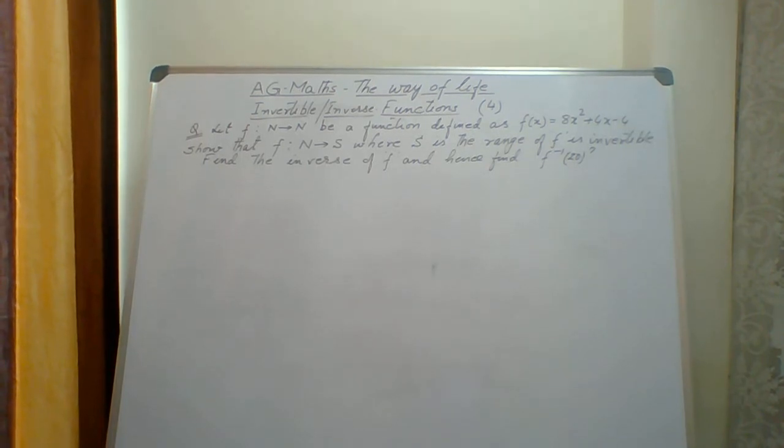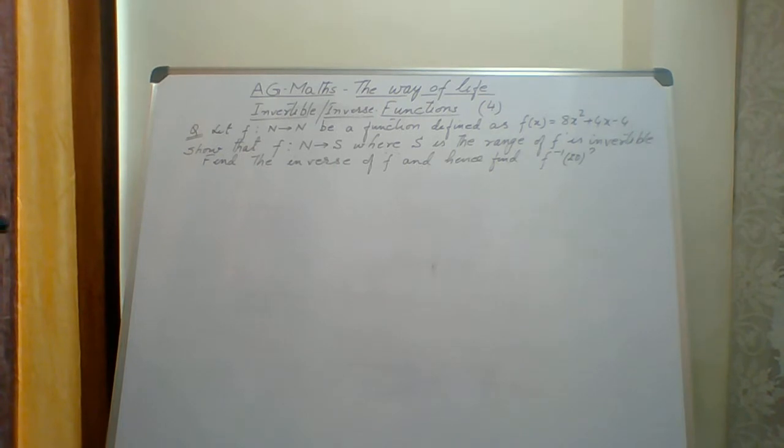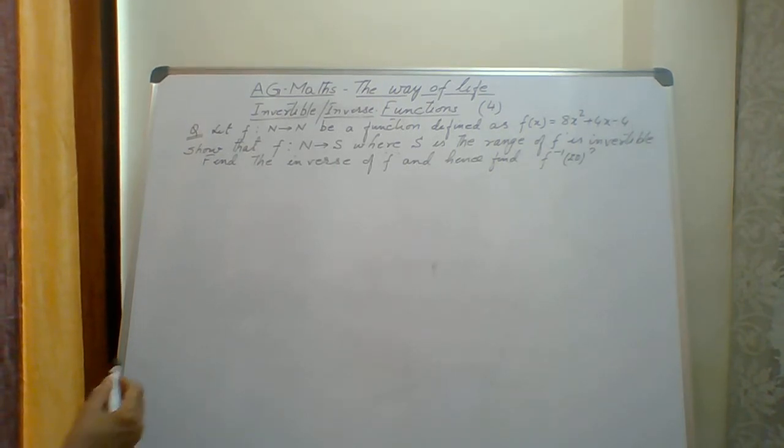Now, to prove that a function is invertible, we have to prove that it is one-one and onto.